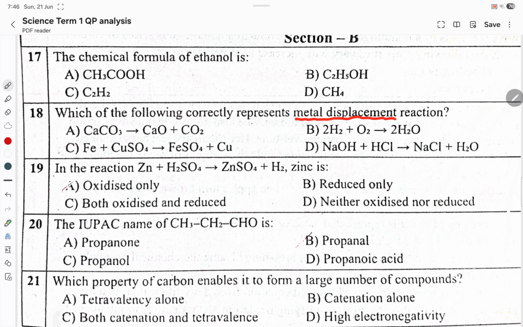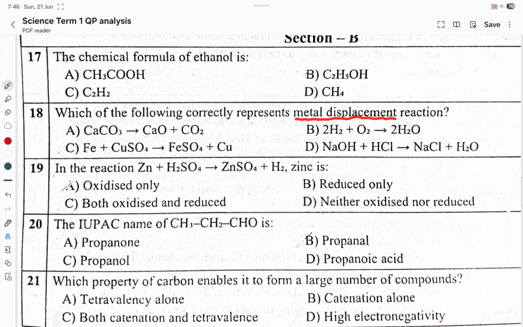A metal displacement reaction is a type of chemical reaction. We have different types of chemical reactions, like combination reaction, decomposition reaction, displacement reaction, and double displacement reaction. Displacement, as we already know, means moving something from its original position.